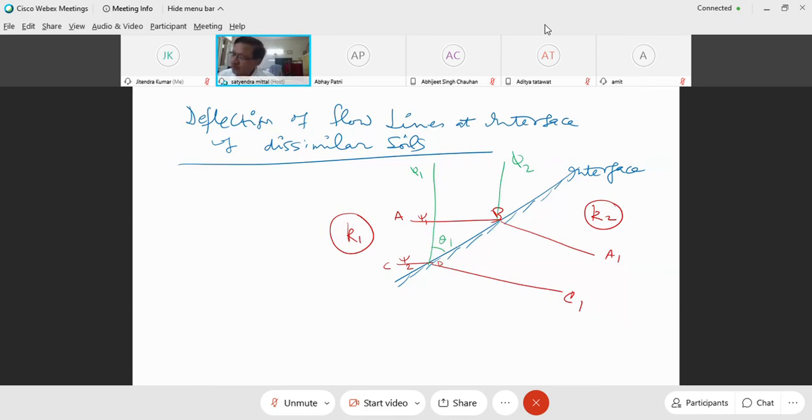Now before that, let me draw the perpendicular to this interface, let us say this yellow line is the perpendicular to this interface, like this.